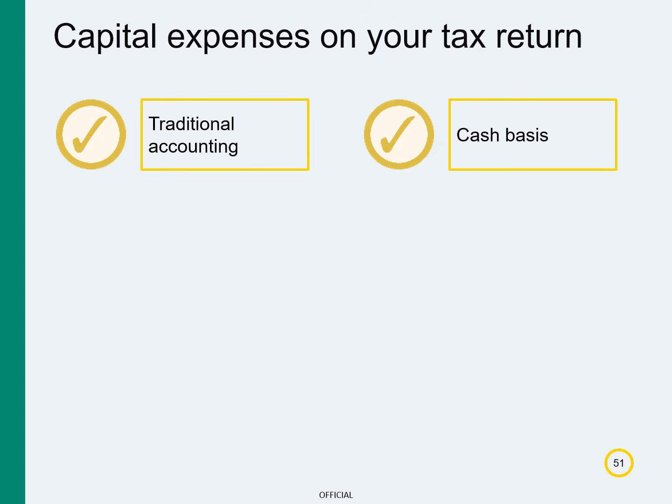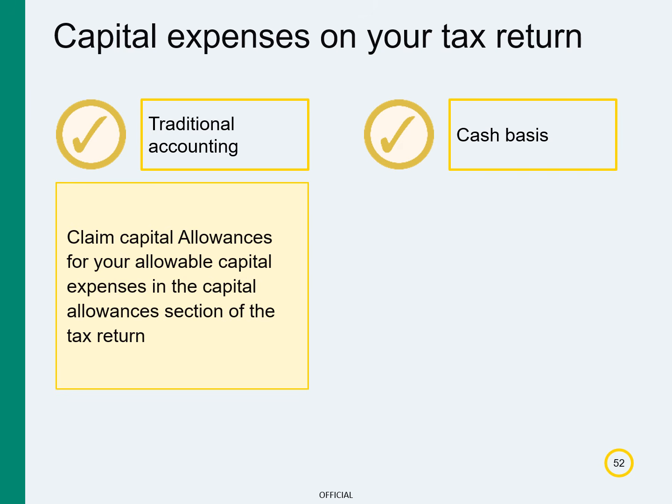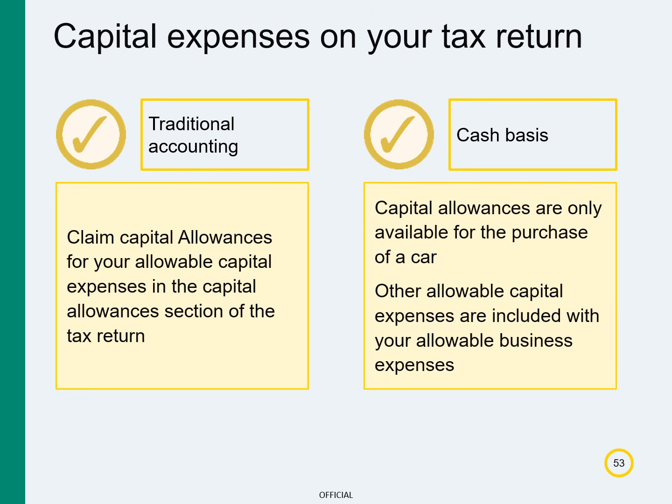How you show capital expenses on your tax return depends on whether you're using traditional accounting or cash basis. If you're using traditional accounting, allowable capital expenses are shown in the capital allowances section we'll see shortly. If you're using cash basis, capital allowances are only available for the purchase of a car.